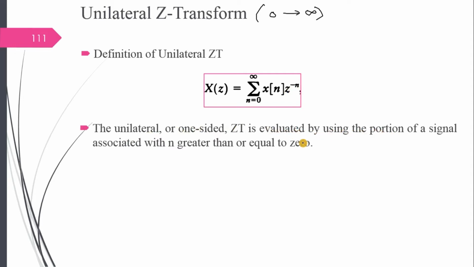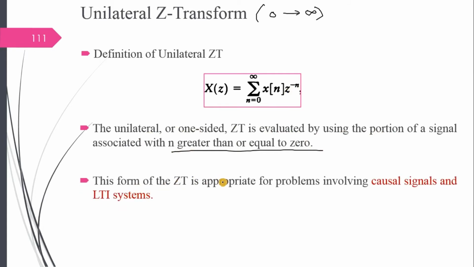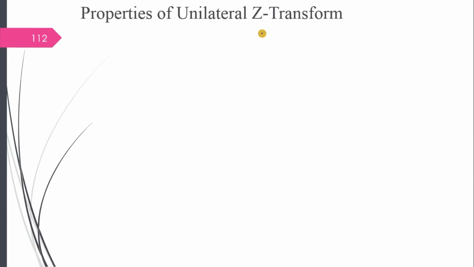The ZT is evaluated using the portion of the signal associated with n greater than or equal to 0. This is important. This form of the ZT is appropriate for problems involving causal signals and LTI systems. Think that we are dealing with only causal systems and LTI systems. Causal systems and LTI systems need only the unilateral Z transform. So in that case we use the unilateral Z transform.